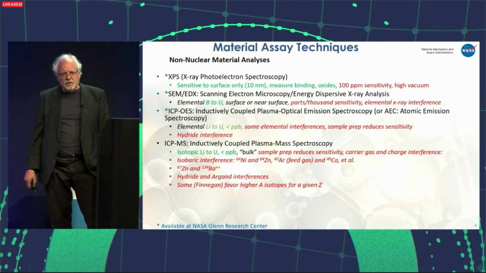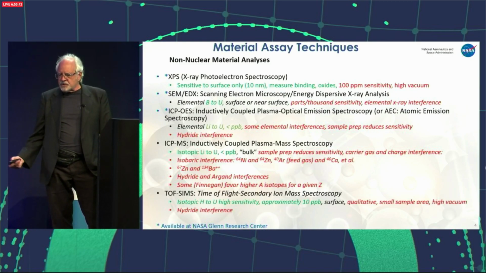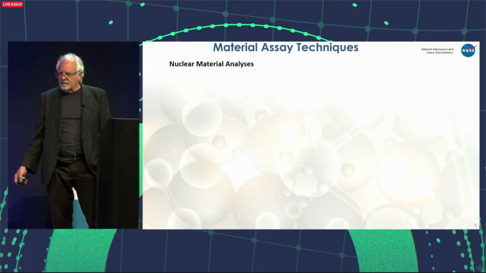And as we found in the past at the Naval Research Lab, some of these instruments, such as the Finnegan, will favor higher A for a given Z. And then there's TOF-SIMS, time of flight secondary ion mass spectroscopy, isotopic from hydrogen isotopes all the way through uranium and higher, very high sensitivity on the order of 10 parts per billion, surface, but the problem is it's qualitative and you typically have a very small area that you're looking at.